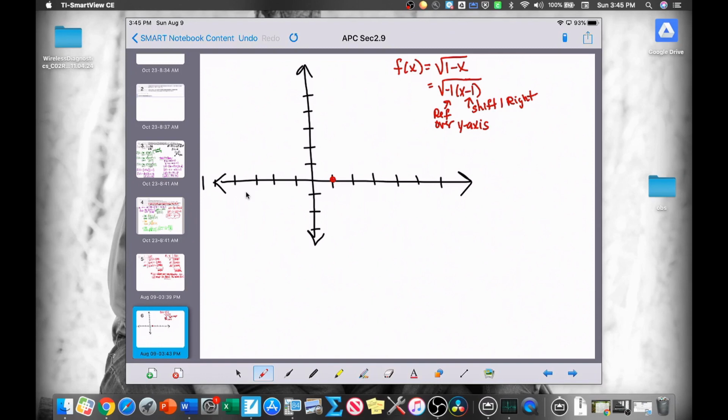And then instead of going up and to the right, it's going to go up and to the left, but it's going to hold the same shape as the parent function. So I'm going to have a point that is 1 to the left and 1 up, and then a point from the start that is 4 to the left and 2 up. And my curve is going to look like that.